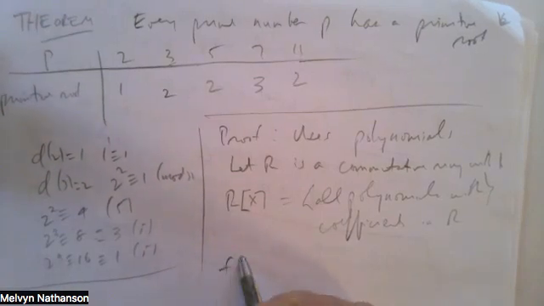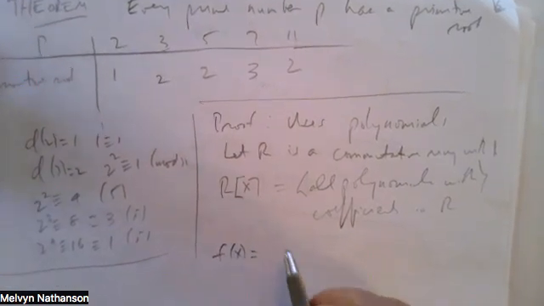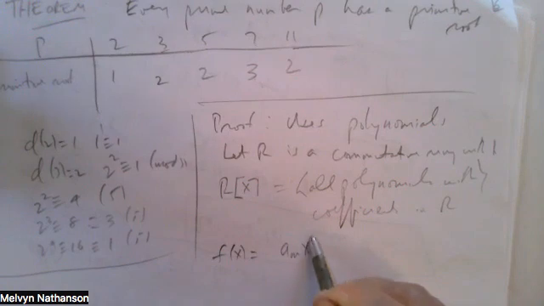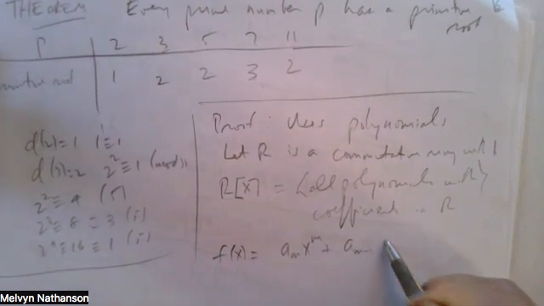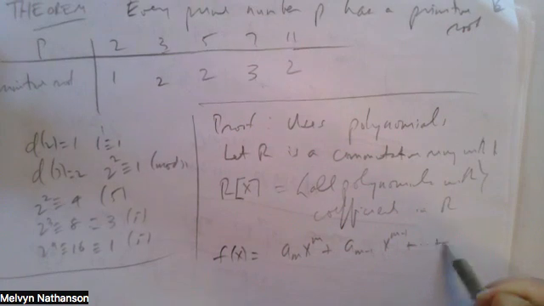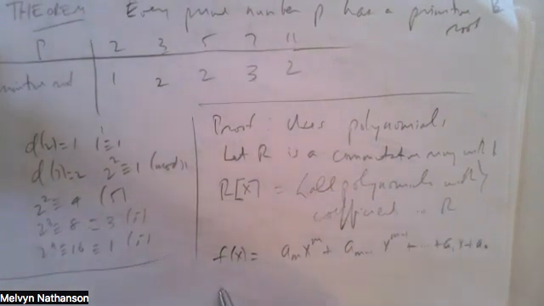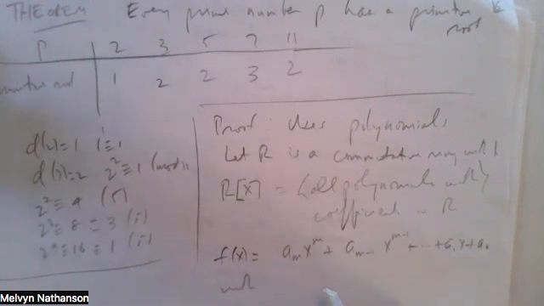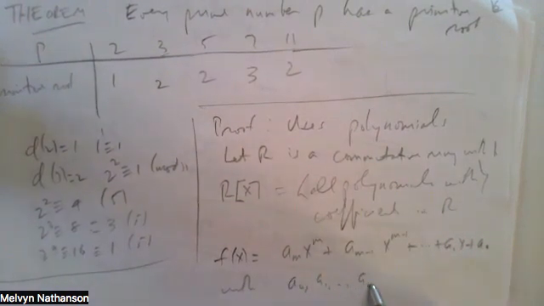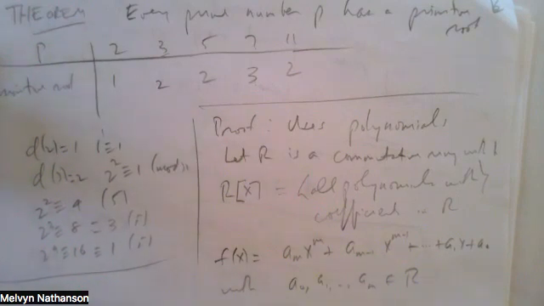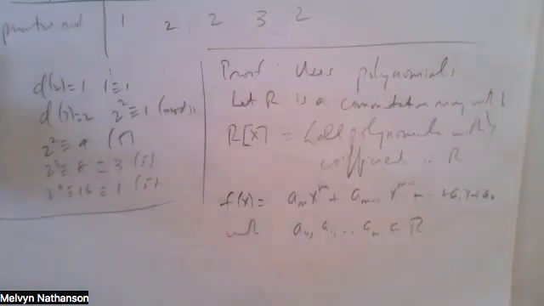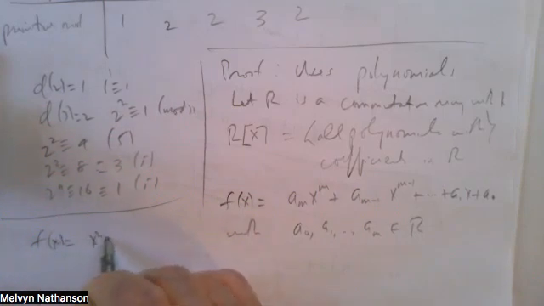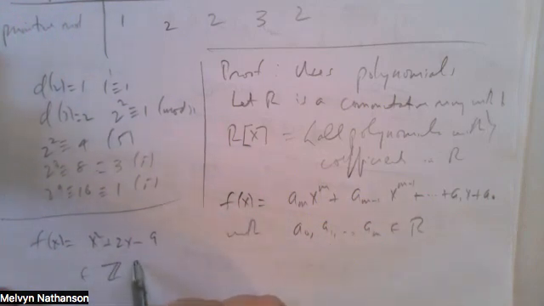So a polynomial is a function, if you like. It's an expression, f of x equals a_m x to the m plus a_{m-1} x to the m minus 1 plus up to a_1 x plus a_0, with all the coefficients a_0, a_1 up to a_m elements of the ring. So polynomials you know and love, right? f of x equals x squared plus 2x minus 9 is a polynomial with coefficients that are integers, for example.